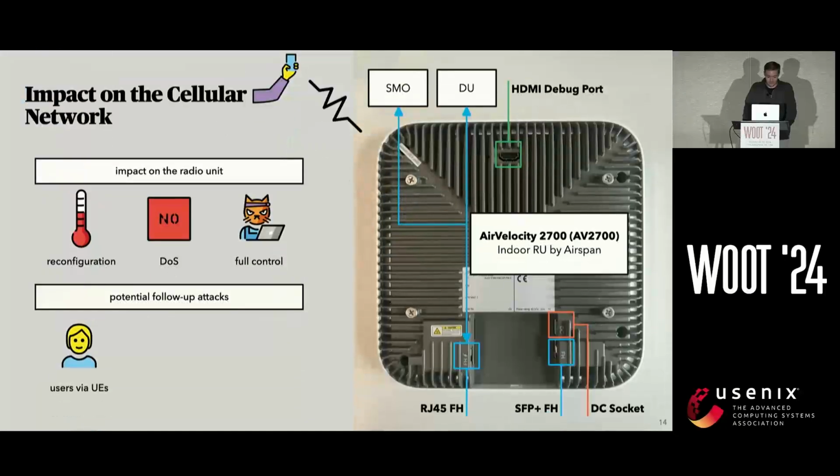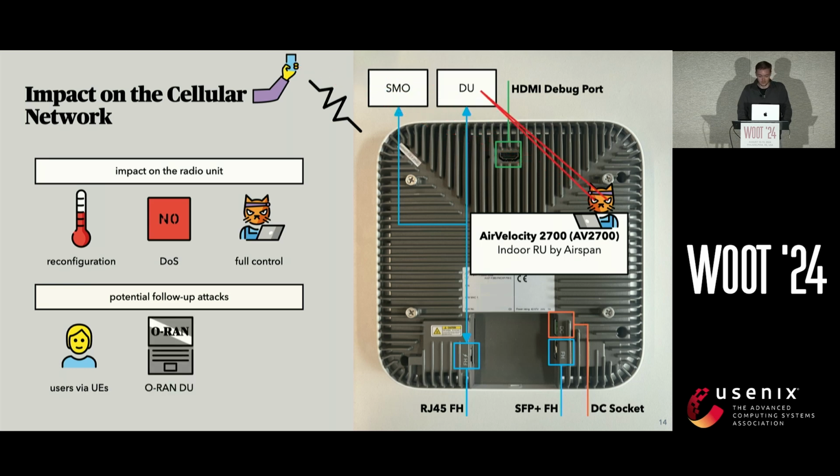Why is this a problem? What's the impact on the cellular network if an adversary really gains full control over the RU? Well, besides the reconfiguration and denial of service, the adversary might face the users via, for example, the broadband interface.